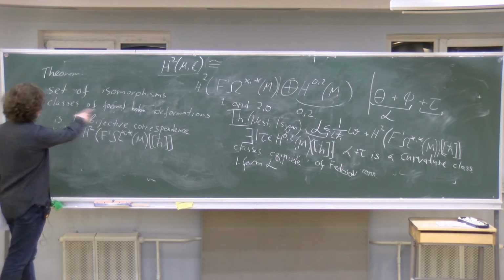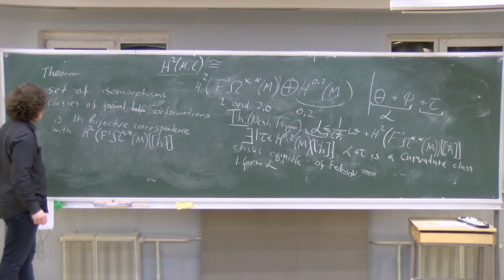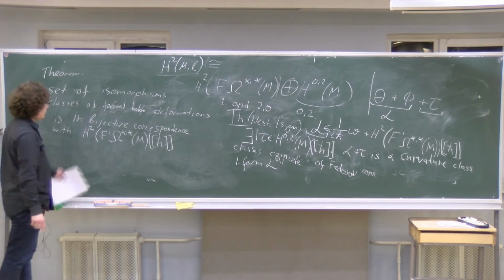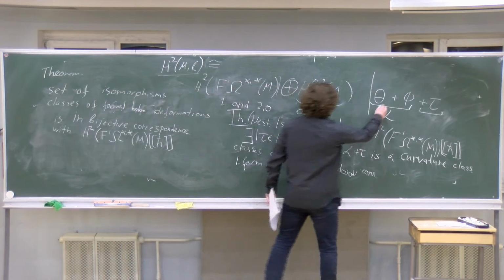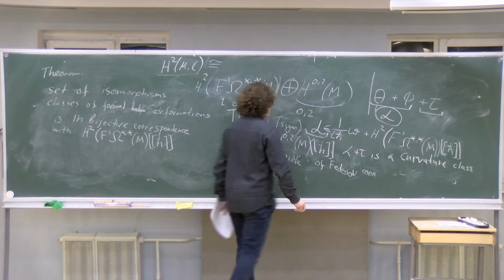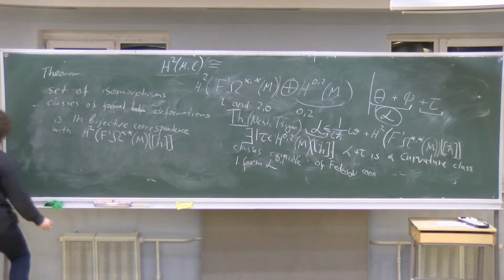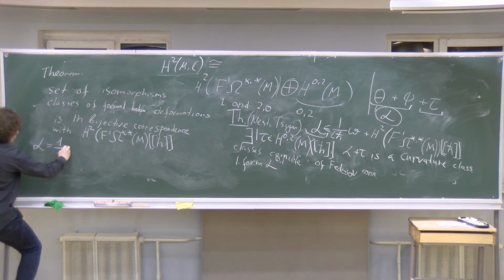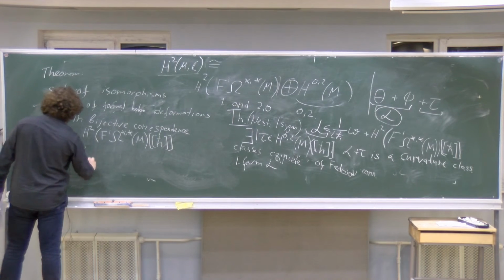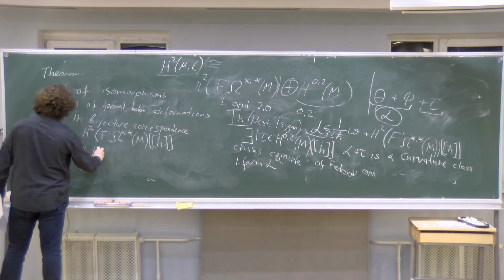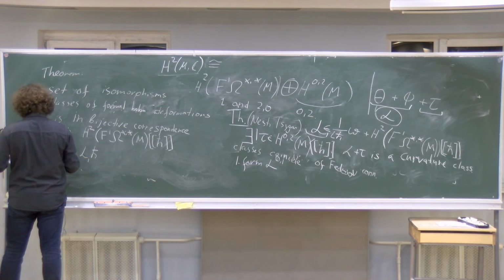Okay, so these classes are in correspondence with this group. Actually, with elements of this element. So if we have alpha, we can also write it this way. I think we've forgotten the symplectic form.